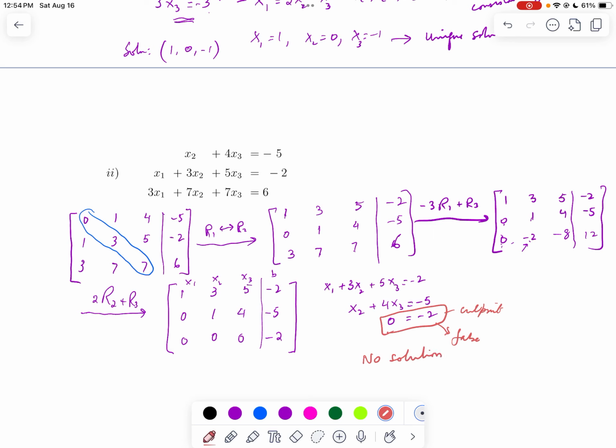Now when we say no solution, it means the whole system has no solution. It does not mean that only x3 doesn't have a solution.